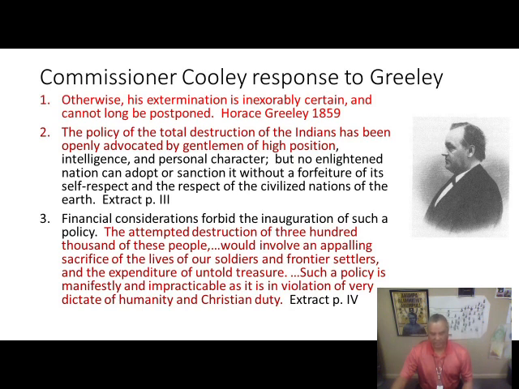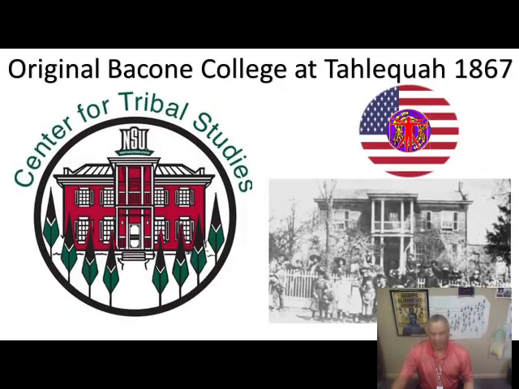He says the attempted destruction of 300,000 of these people would involve an appalling sacrifice of the lives of our soldiers and frontier settlers and the expenditure of untold treasure. Such policy is manifestly impractical and a violation of every dictate of humanity and Christian duty. So, long story short, Cooley says we can't start killing them.